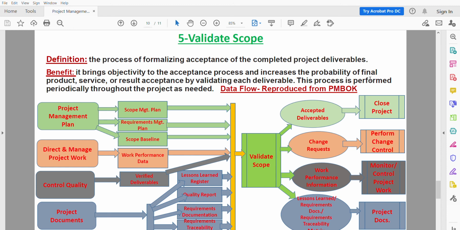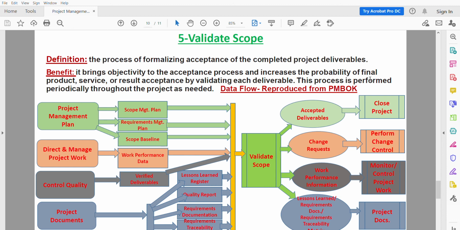The third one is verified deliverables, and also work performance data. The tools and techniques used for this process are inspection and decision making. The outputs of this process are the accepted deliverables. The second one is work performance information. The third one is change requests. And the fourth is project documents update.